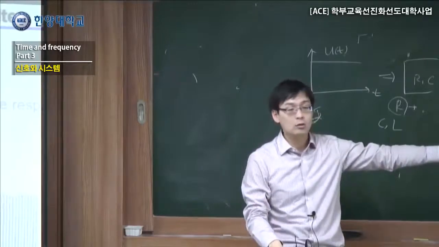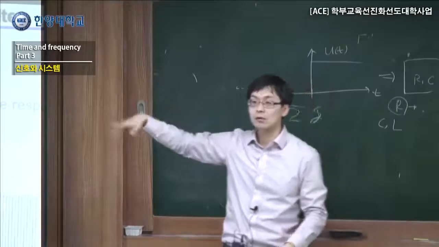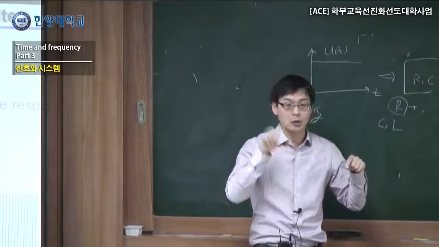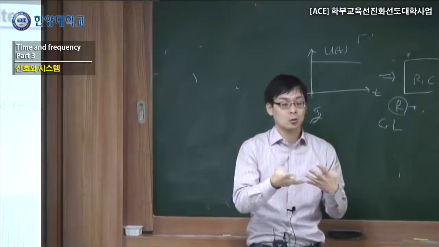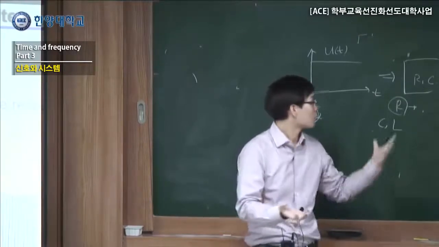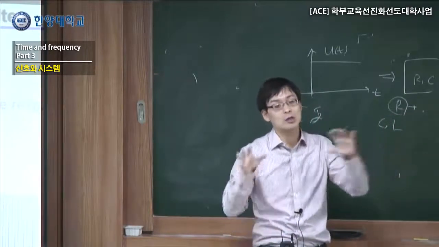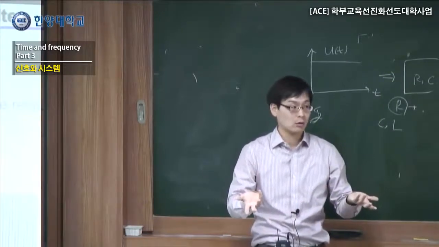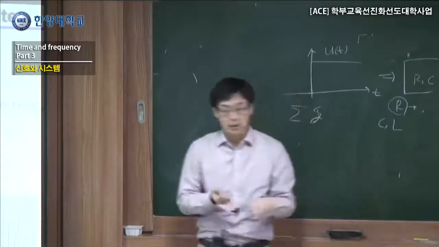Meaning that those oscillations lasted for a long time. So what's the difference between throwing the ball here and throwing the ball in space? The friction, the resistivity. If you decrease the resistivity consuming our energy, then the oscillation will be long. So to decrease the oscillation, we have to increase our resistivity. So we have to consume the energy fast. That's one of the ways you can do it.